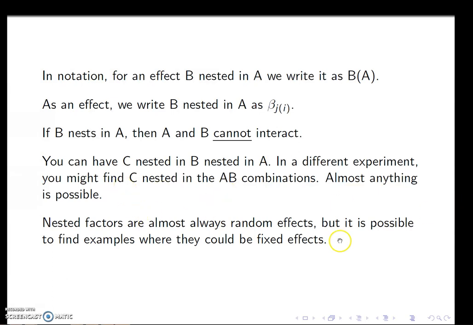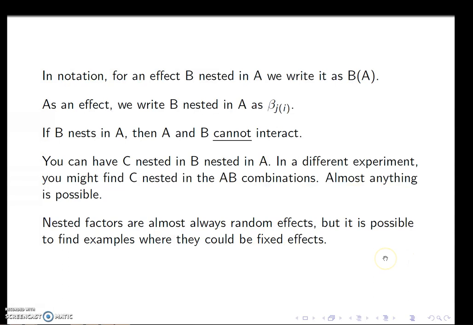Then C could be nested in there where C is still the cow. Almost anything's possible, I'm sure researchers come up with all kinds of crazy ways to nest and cross and so forth. Like I mentioned on the previous slide, nested factors are almost always random.